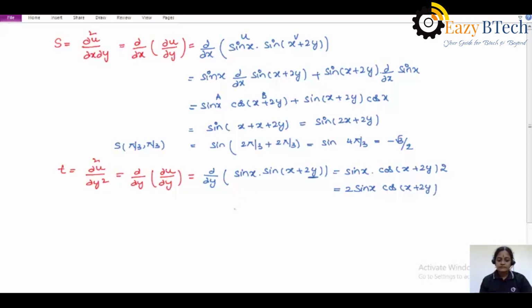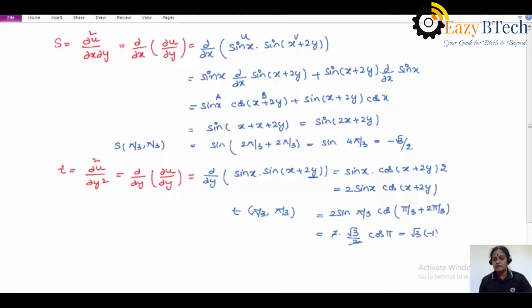So now finding the value of t at the point pi by 3 comma pi by 3. Then 2 sin pi by 3 cos of pi by 3 plus 2 pi by 3. Then 2 into root 3 by 2 and it is cos pi. Then 2 will be cancelled. Then root 3 into minus 1, that is minus root 3.